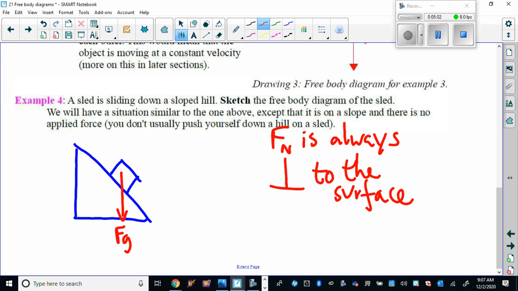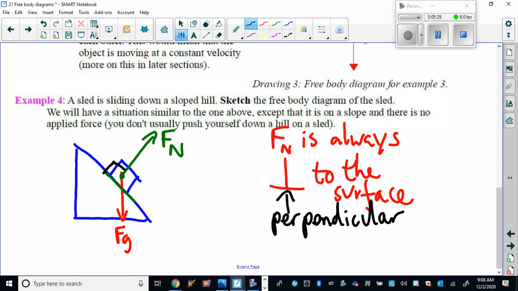So the normal force in this case, in green, here's the surface, and it's perpendicular. So the normal force is actually going in this direction, Fn, right? It forms a 90-degree angle with the surface. All right, so remember this means perpendicular.